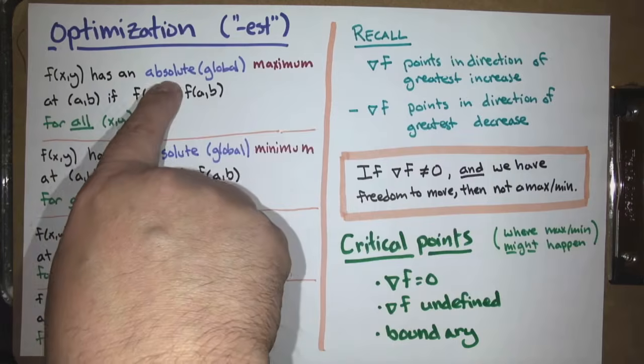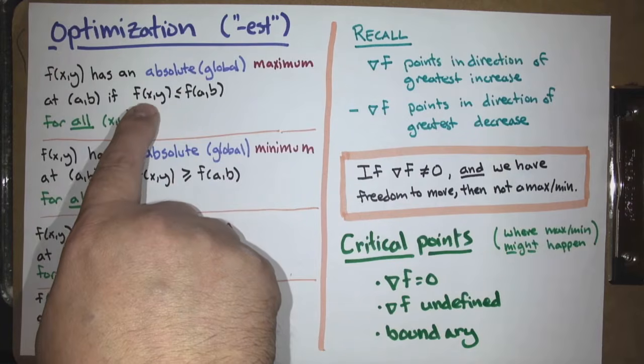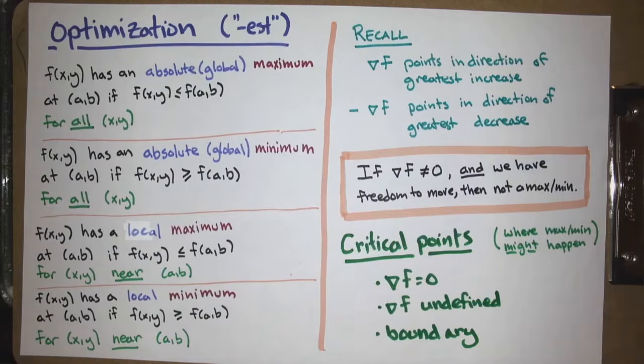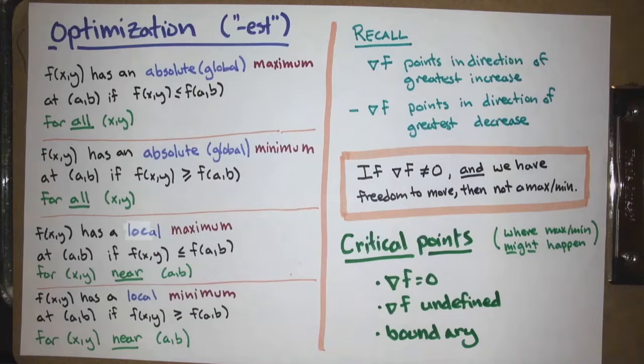So these should be sort of intuitive. You're an absolute max, in other words, you're as large as possible, if every other point, when you plug into the function, produces a smaller value, or a value that's less than or equal to what you are. So that's for all points, regardless of what you're doing.